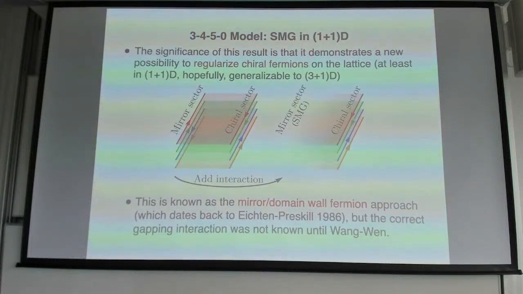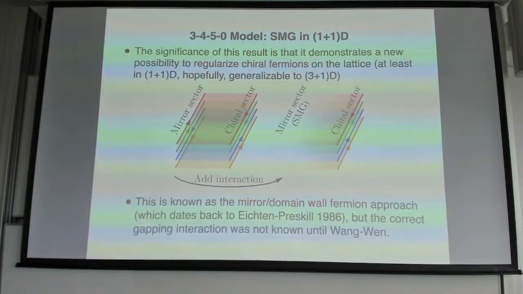Okay, so what's the significance of this result? That you can turn on an interaction and gap out 1 sector. One important application is that it provides a new possibility to regularize chiral fermions on the lattice. Basically, our simulation is actually done on the lattice, at least in 1+1D, and hopefully this picture can be generalized to 3+1D. That's a hope. So at least in 1+1D, you can write down a lattice model for this quantum Hall insulator in the bulk, and that produces the so-called mirror sector and the chiral sector, which correspond to the 2 opposite edges of the quantum Hall insulator.